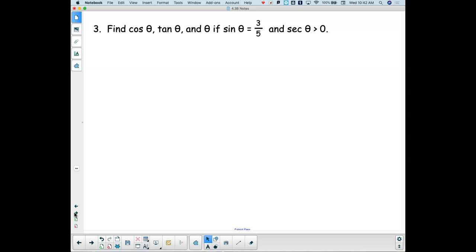So, first off, I got to figure out where this angle is, right? Okay? So this tells me that I am in which quadrants? 1 or 2, right? This tells me which quadrant am I in?